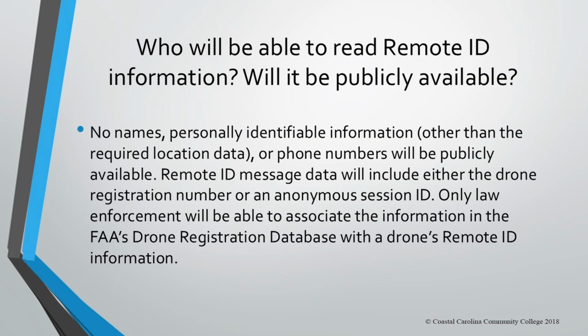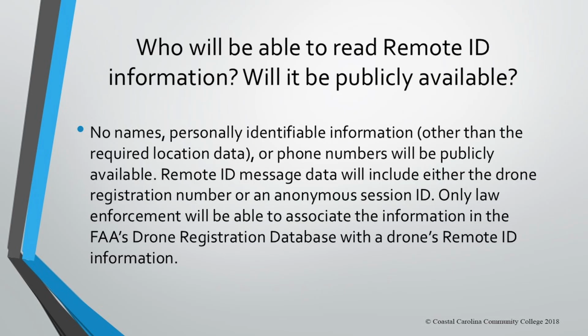Will it be publicly available? No names, personally identifiable information other than the required location data, or phone numbers will be publicly available. Remote ID message data will include either the drone registration number or an anonymous session ID.